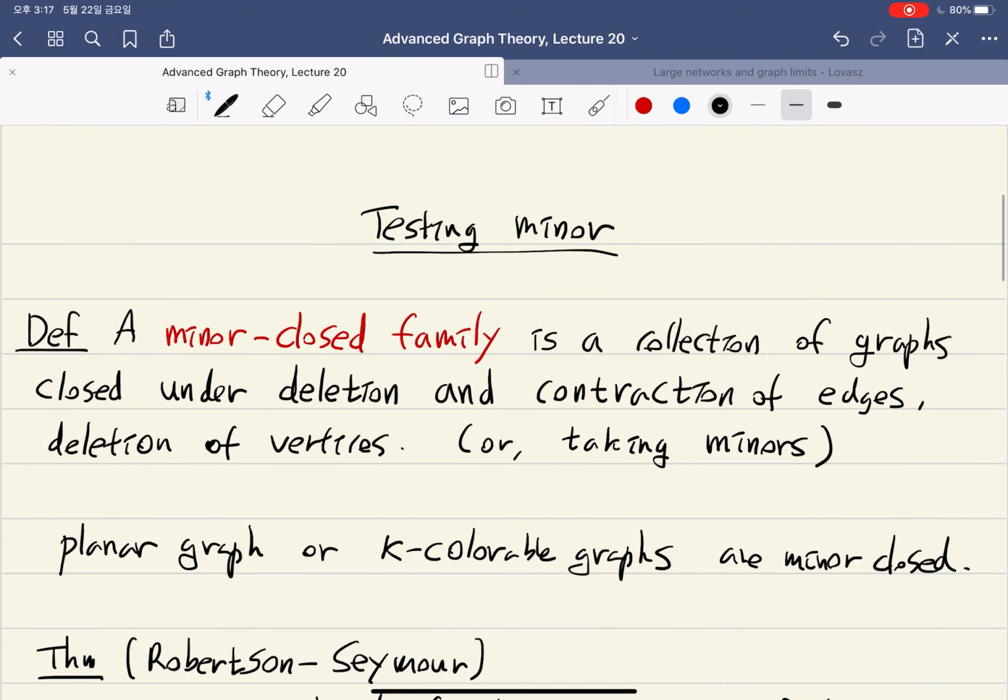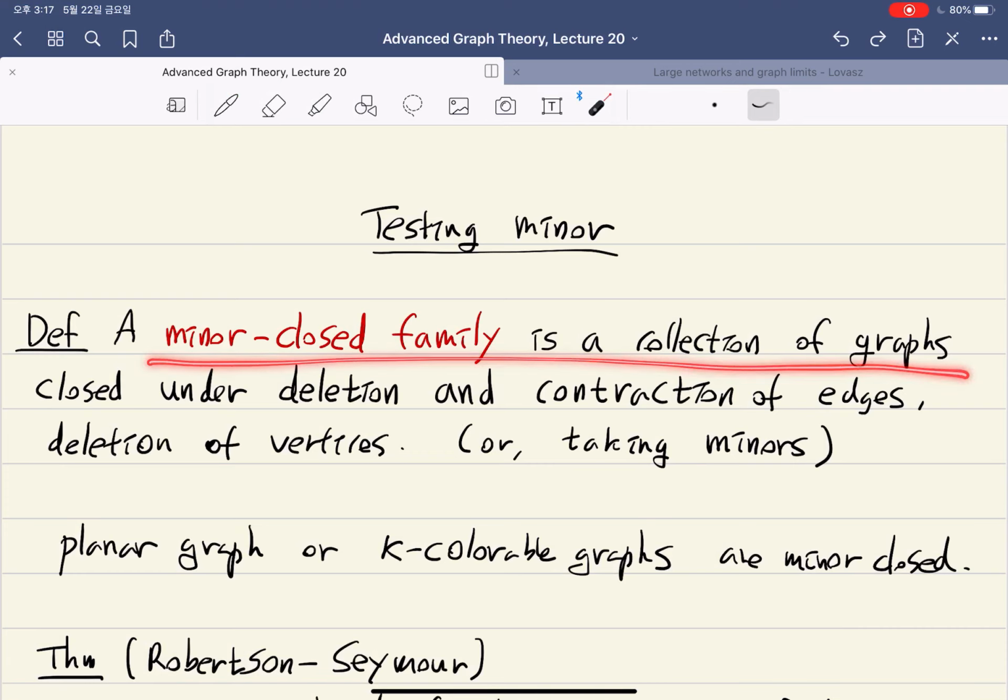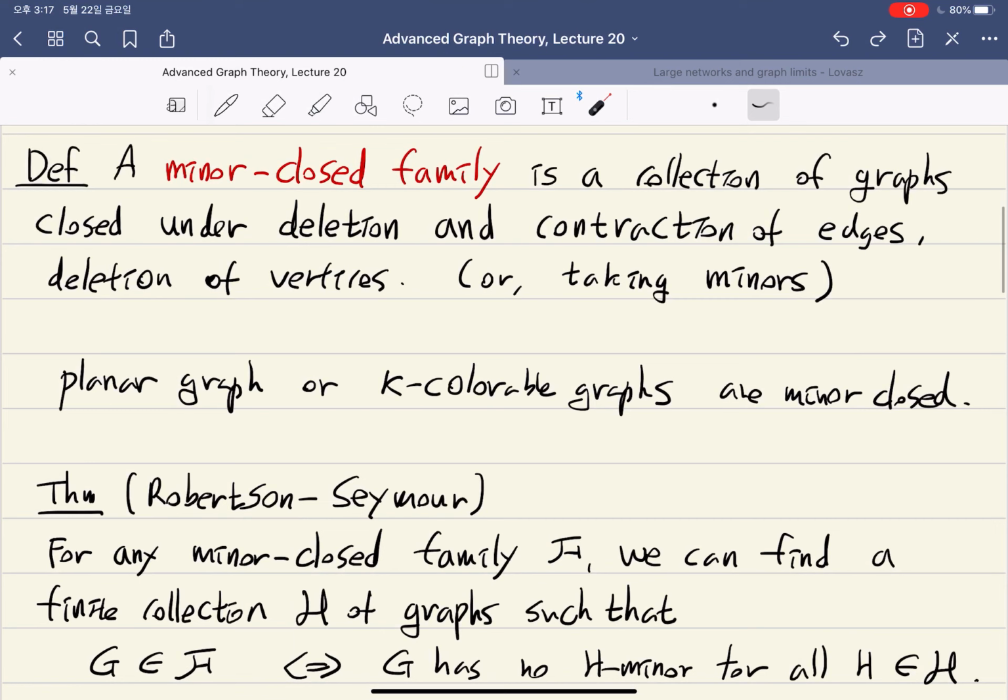So a minor closed family is given, and we want to check whether a given graph belongs to it or not. That's one of the important questions.